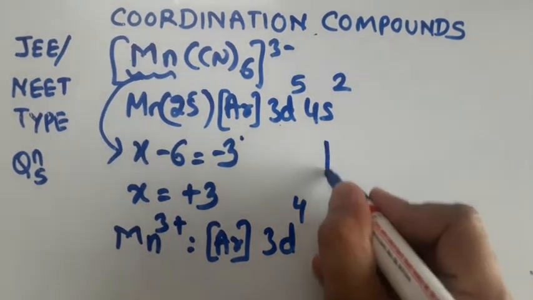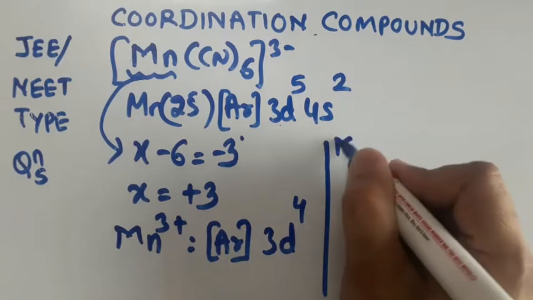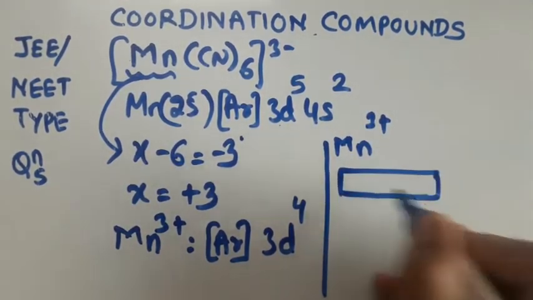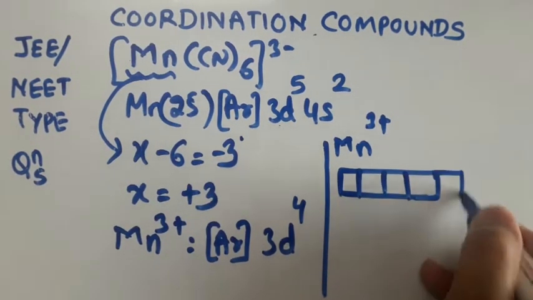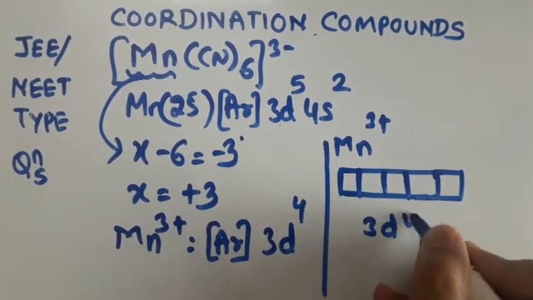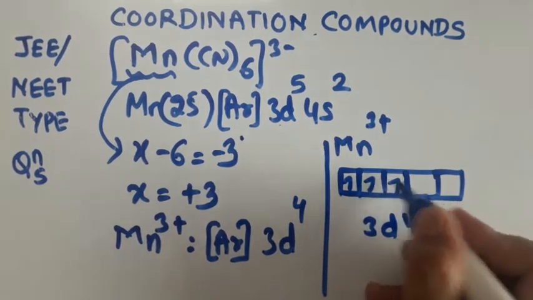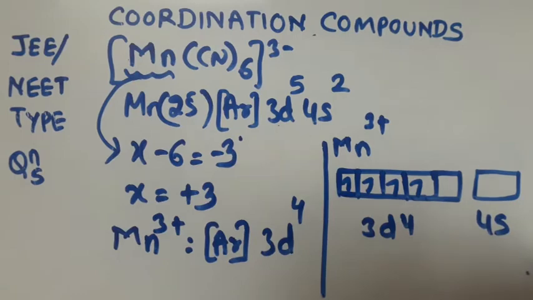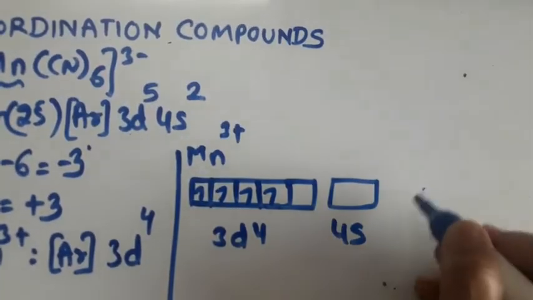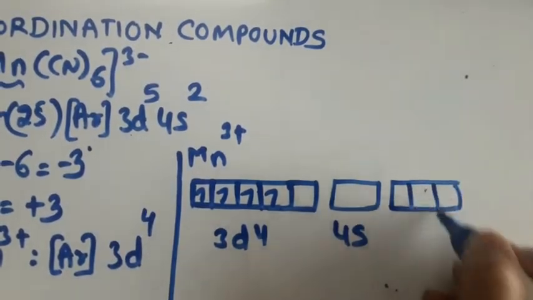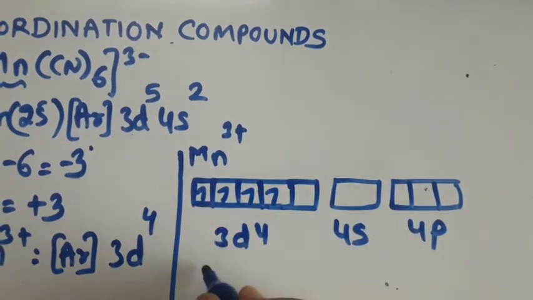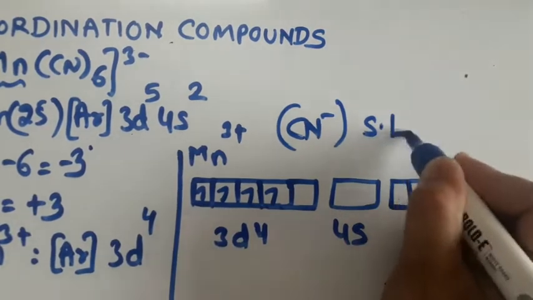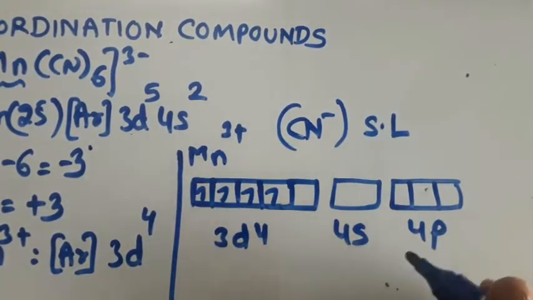Okay, so now for Mn plus 3, we are having 3d orbitals 1 2 3 4 5. So here we have 3d4, it means 1 2 3 4. Okay, and here we are having 4s, and over here 4p. Now because cyanide CN minus is a very strong ligand, it would lead to pairing of electrons.